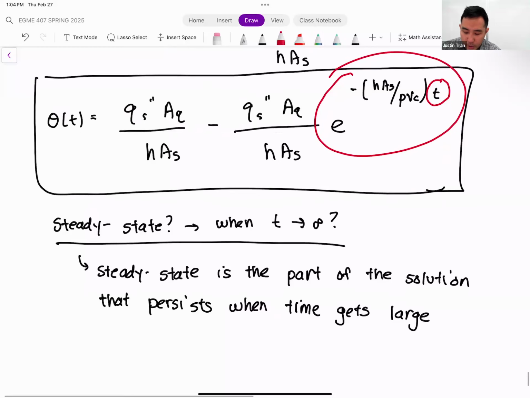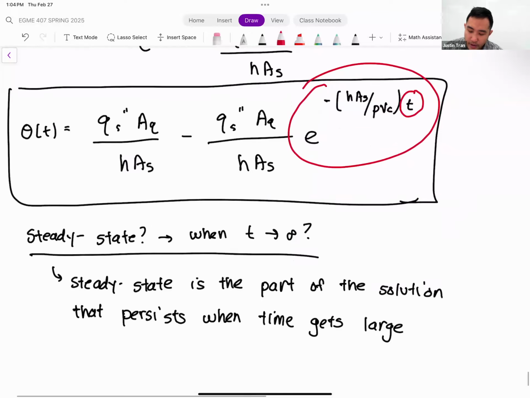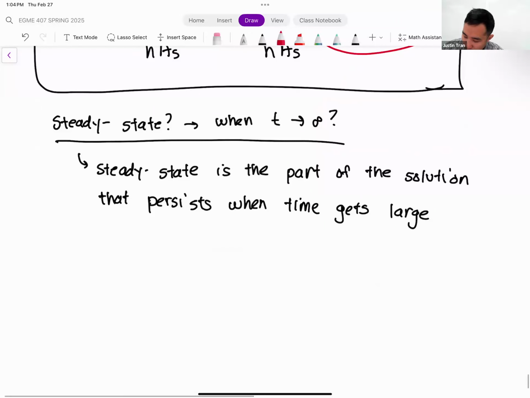Essentially, it shows up this way, and I'm going to simplify just a bit: e raised to some constant minus a times t. This is very common for unsteady problems. In fact, it's very common for a lot of physical systems that are governed by differential equations. This particular function, e to the minus at, we know mathematically as a decaying exponential function.